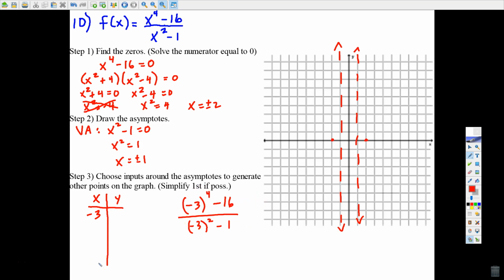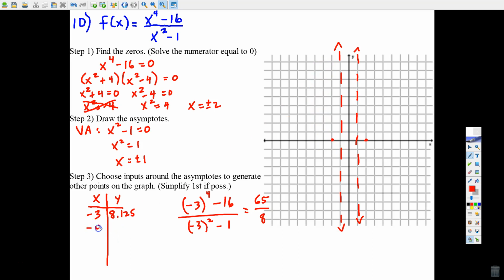Alright, so let's see, 81 minus 16 is 65. And then on the bottom I get 9 minus 1, which is 8, and in decimal form that is 8.125. Okay, so right away with negative 3 I'm up here.